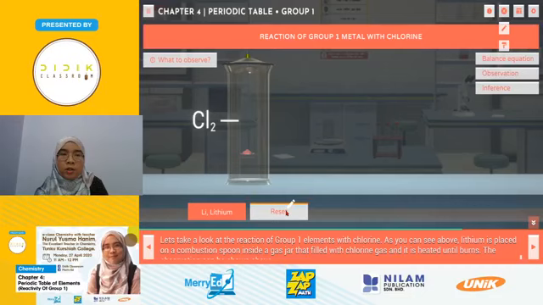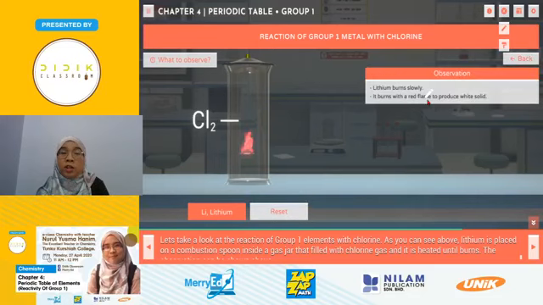When lithium reacts with chlorine, it produces lithium chloride. Lithium burns slowly with a red flame to produce white solids. And lithium is the least reactive metal towards chlorine.